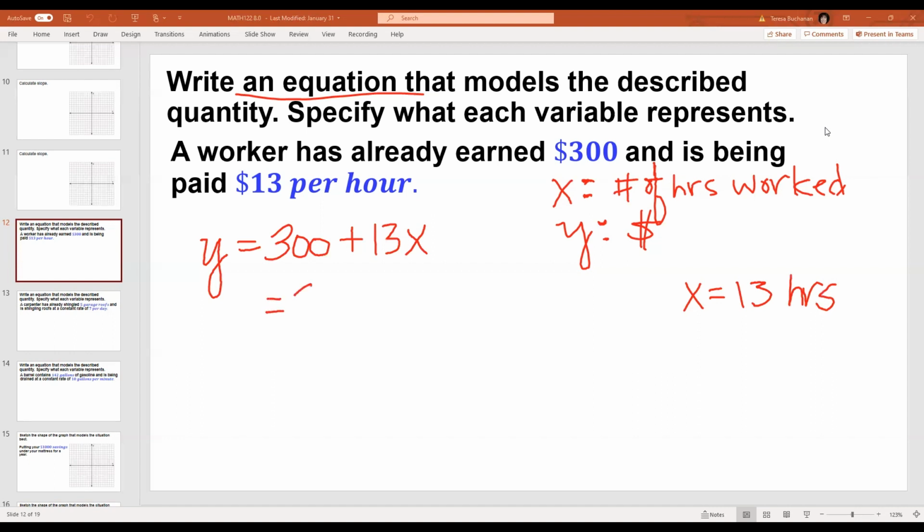And you'd be able to find out what the Y is. 13 times 13 happens to be 169. 13 times the 13 hours, 169, which says then he would at that point have made a total of $469. So we've written an equation that would allow us at any given number of hours worked to predict how much money he made. Okay, that's how we do that.